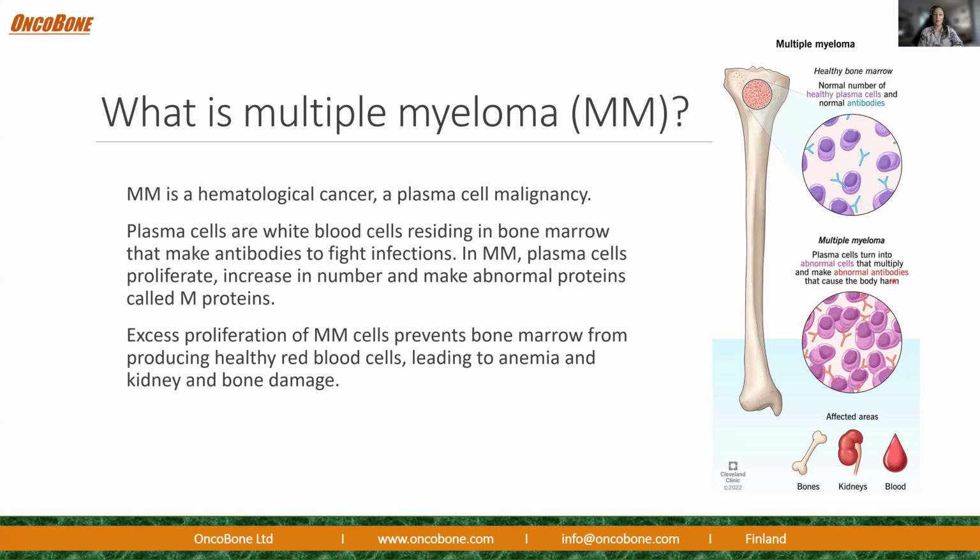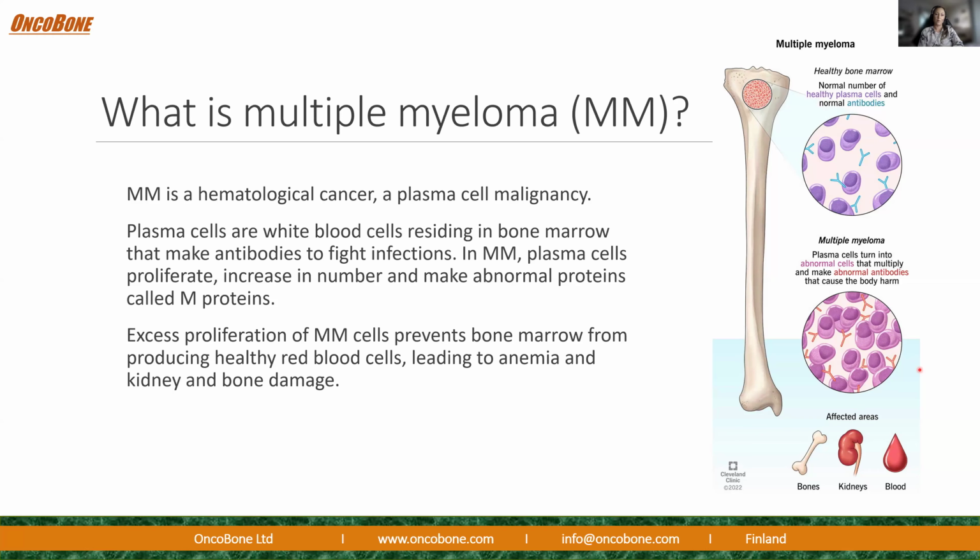In multiple myeloma, these cells start to multiply, so they proliferate actively, and they also start to make abnormal antibodies and a protein called M protein, and we will come back to this M protein multiple times during the presentation today.